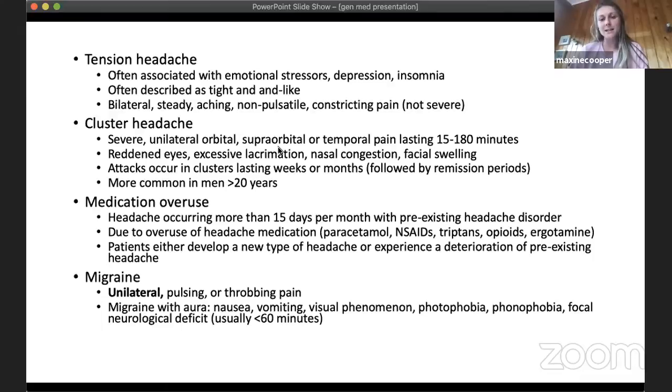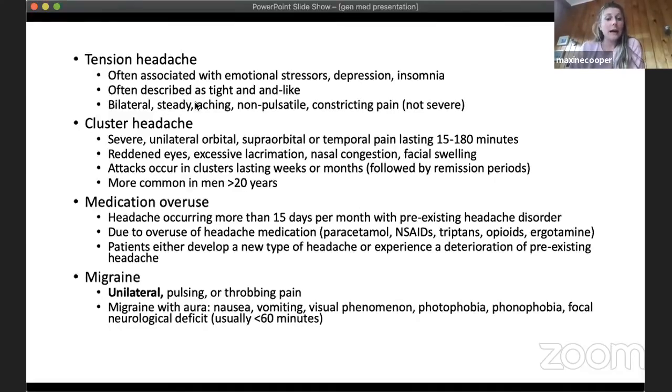These pains usually last about 15 to 180 minutes. You'll often see other associated symptoms, so reddened eyes, congestion, and lots of tears coming out of their eyes as well, which is a bit of a clue. But the main thing is they occur in clusters that last over weeks to months, and then there's often a period of remission afterwards.